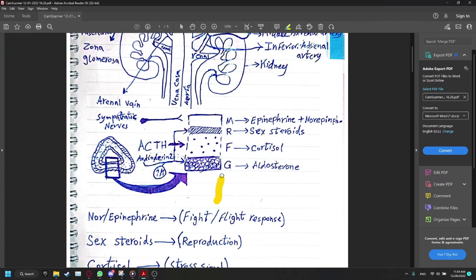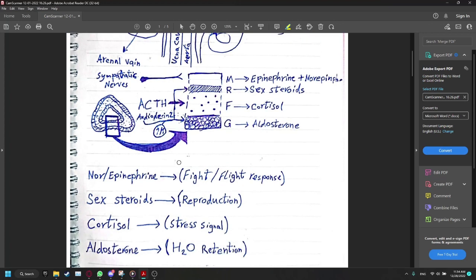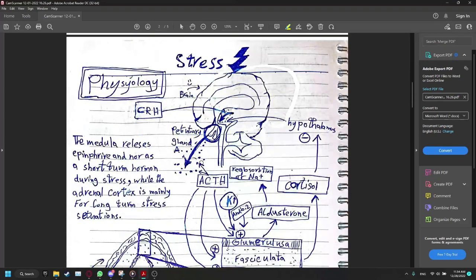ACTH here means adrenocorticotropic hormone, something like this, I guess. The important part is that it comes from the anterior pituitary gland, which is this thing here, not the other one.